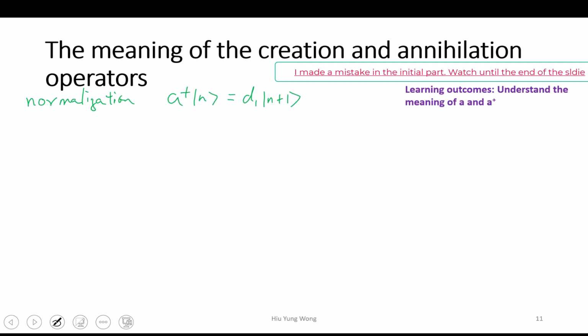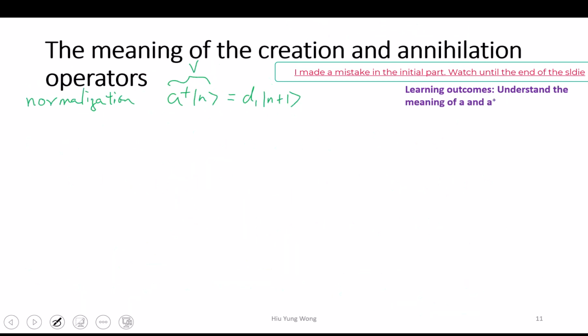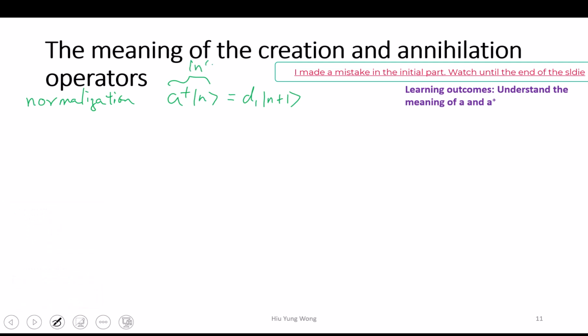So let's do it step by step. If this is called V, what do I call it? I call it n dash, right? Let's think about that. Is this the one I need to do? Correct? No. That's the normalization, right? What is the bra version of n dash? How do we write it? Well, I need to write the bra version of n, right?